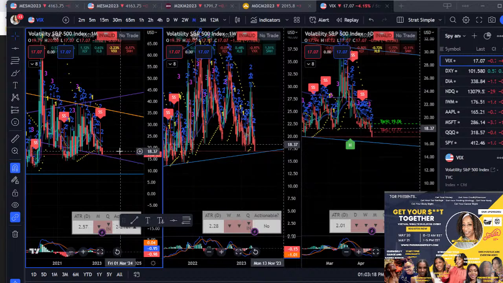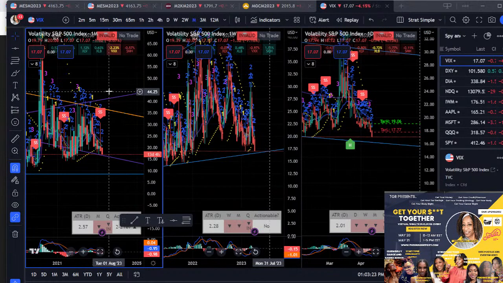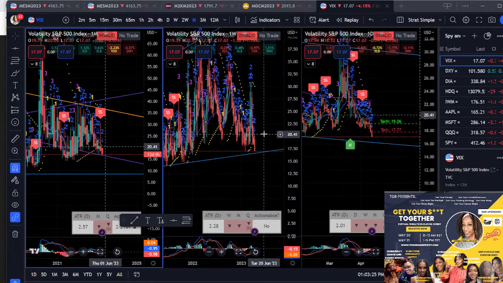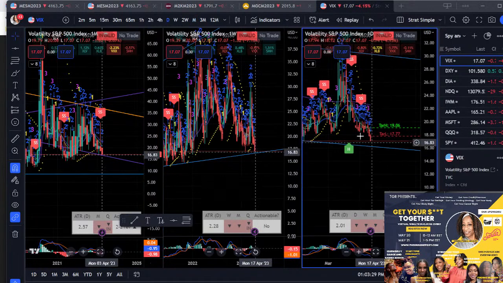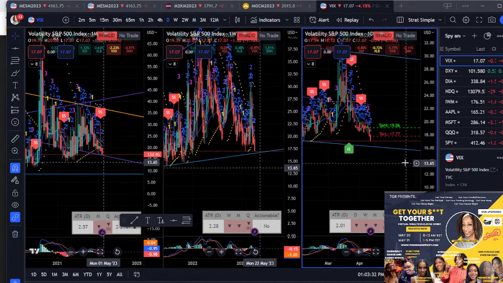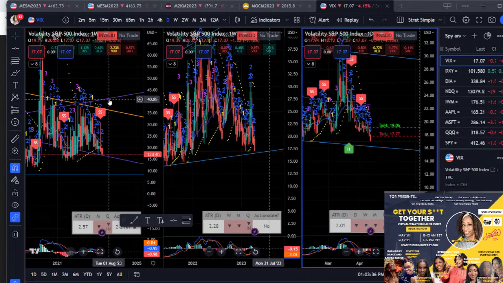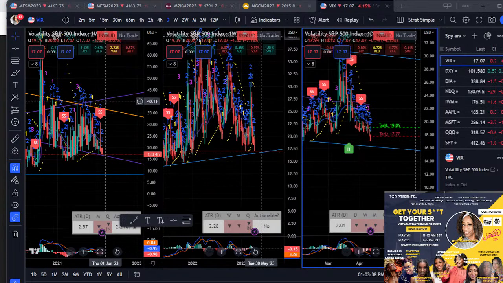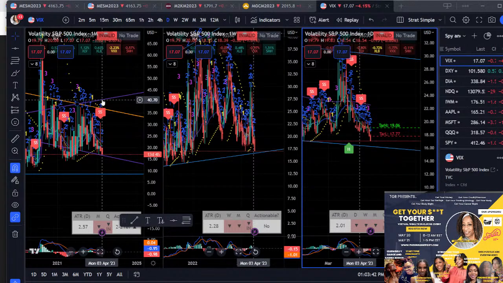Alrighty, we are good. Okay, so what I have here on the left is the monthly, this is the weekly, and this is going to be the daily, so that you know exactly what we are looking for here. When you see purple lines, I have drawn those broadening formations on the month so we can see where they are.